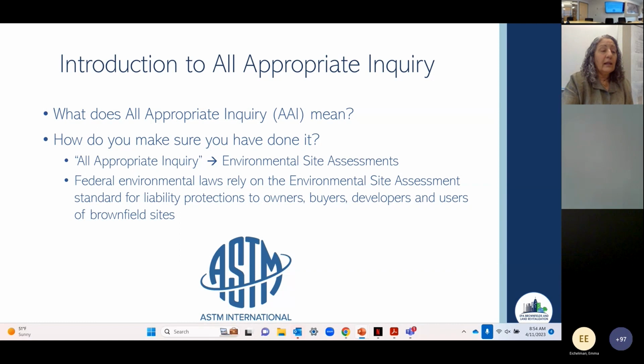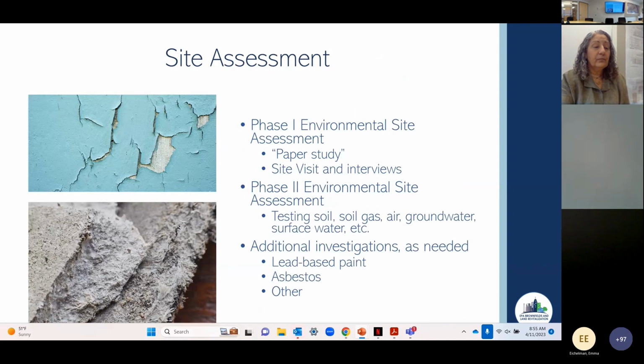There are other elements to all appropriate inquiry. While it's used somewhat synonymously with a phase 1 site assessment, there are some nuances here that you should at least be aware of. So just to make sure we're clear on terminology, a phase 1 environmental site assessment is largely a paper study.